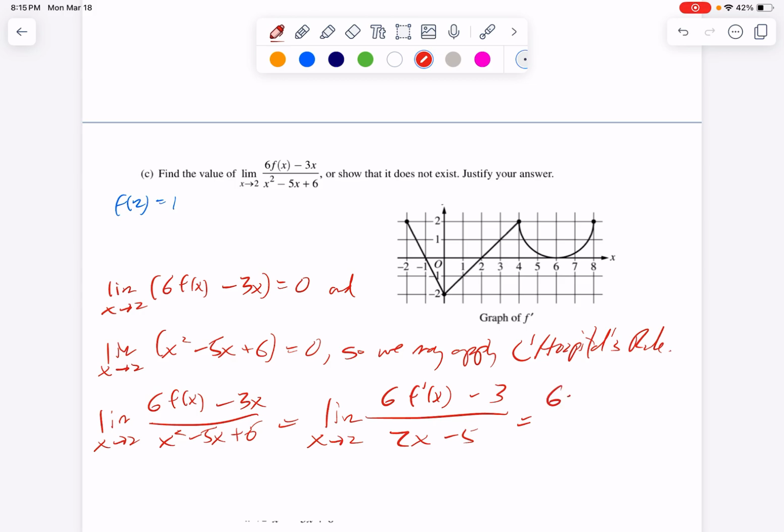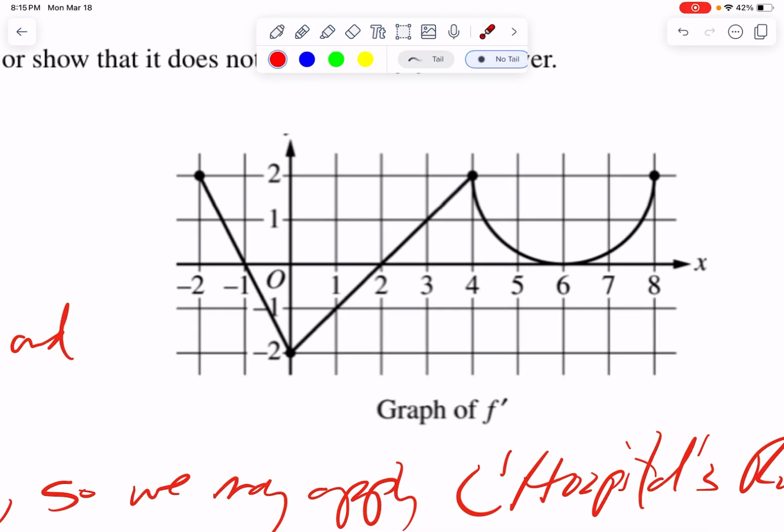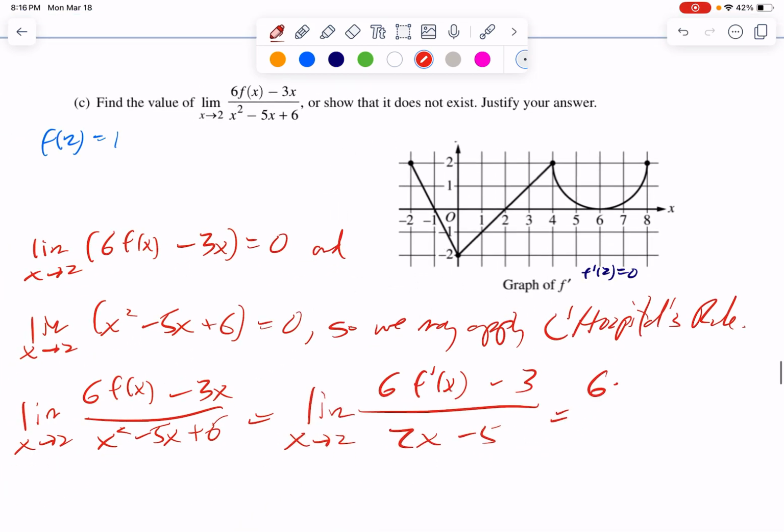So this is 6 times f prime of 2. We will notice the grid is here to make it really nice. This is the graph of f prime, so f prime of 2 is 0. We have that directly from the graph. That's 6 times 0 minus 3, and then down here we would have 4 minus 5.